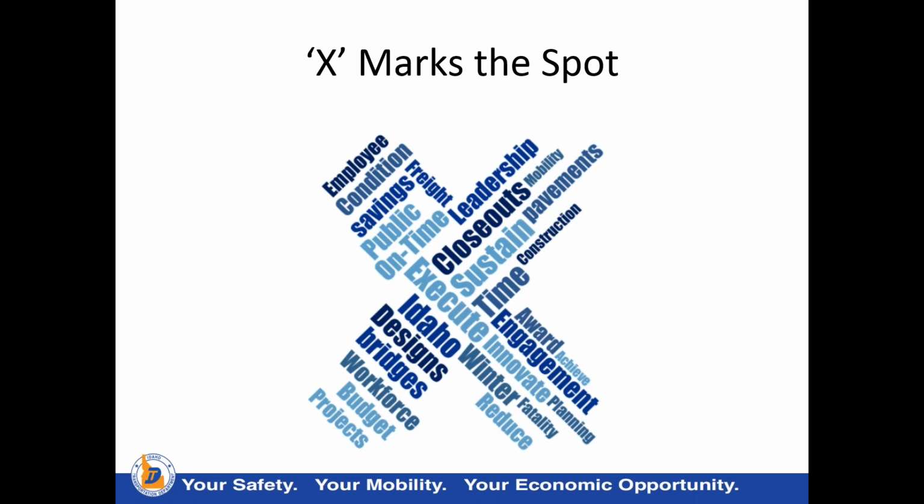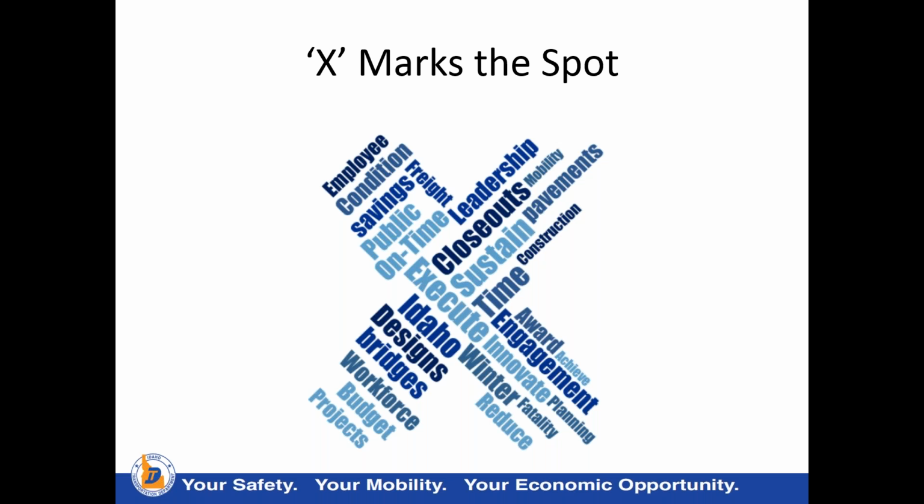Beginning a journey without a destination is really exciting for a while, but if you don't know where you're going, you'll never know when you get there, right? ITD's asset management destination is full alignment with our organizational mission and values.